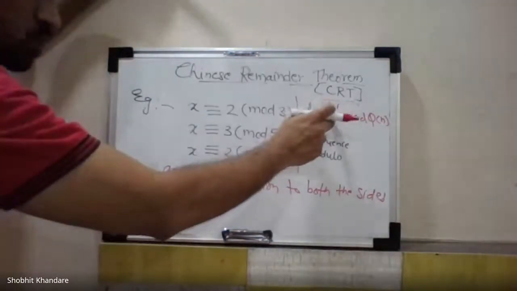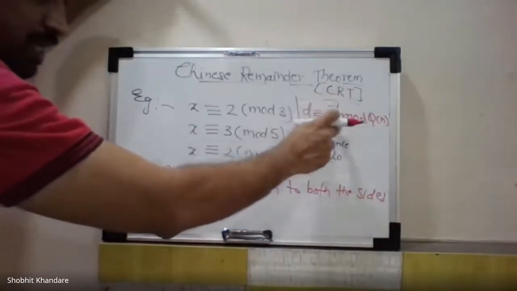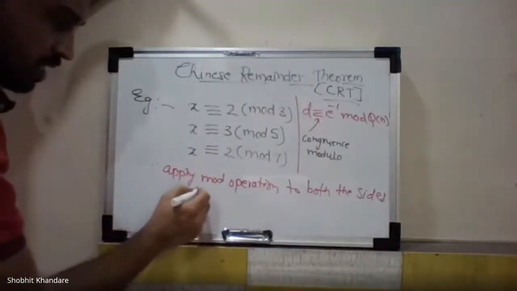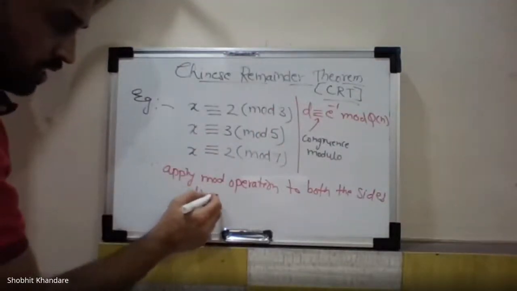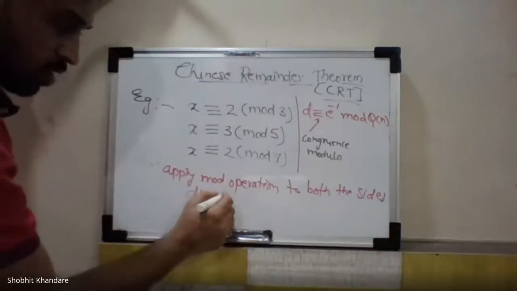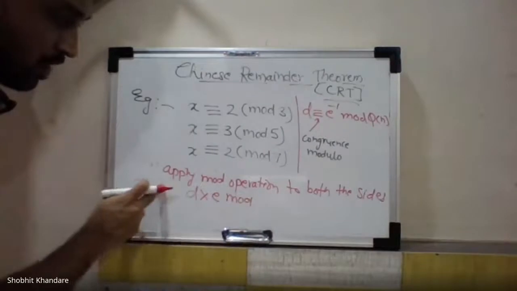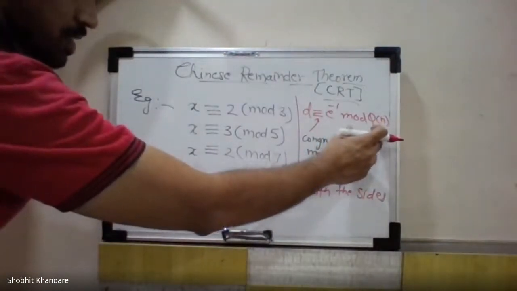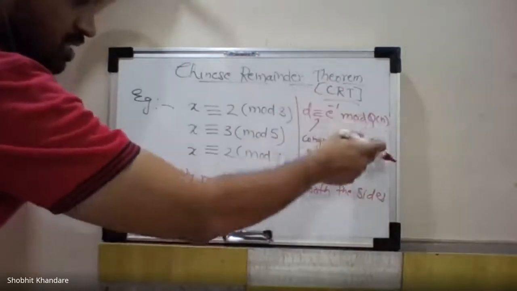This is e to the power of -1, that is nothing but 1 by e. I am taking e to the left hand side, so it becomes d into e. Now apply mod operation. Your mod is mod of phi of n, so multiply mod of phi of n to both the sides, left and right.